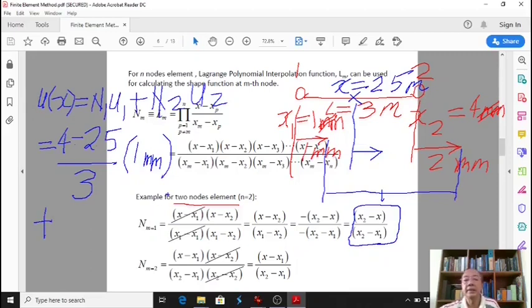So plus. Okay, the second term, this is n2, so n2 is x minus x1. Okay, x minus x1. X is 2.5, minus x1.